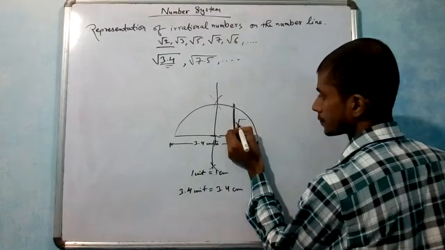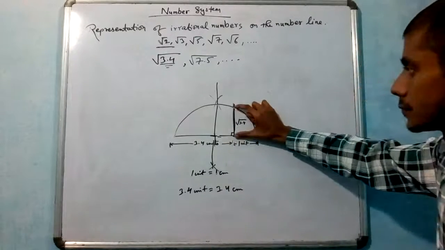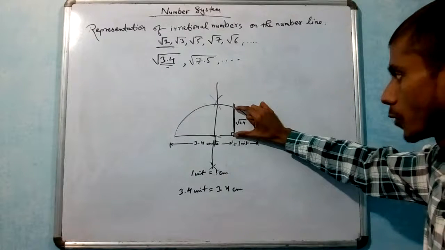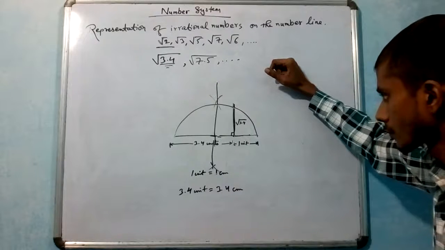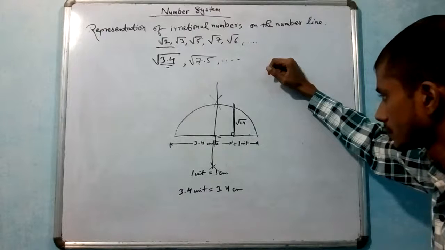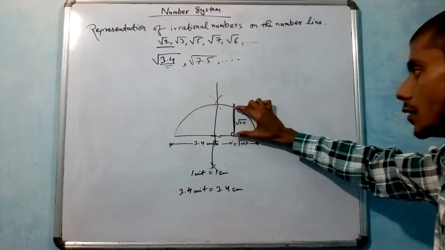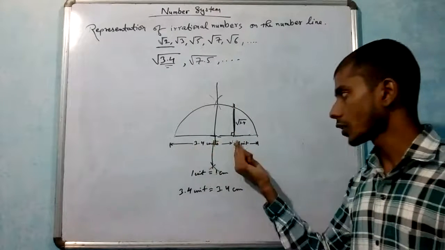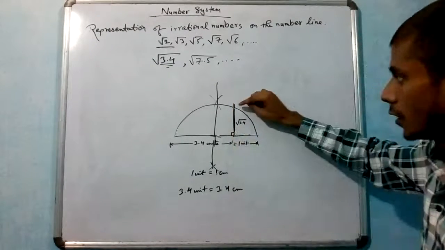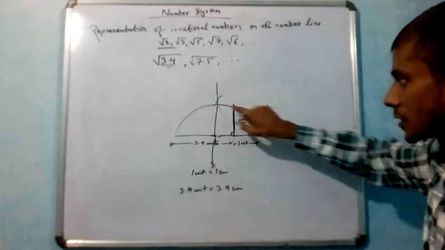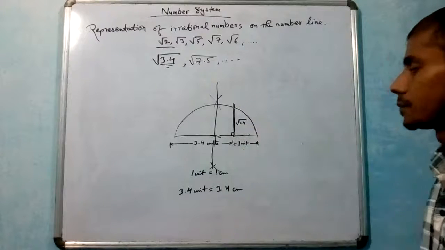This length is the square root of 3.4. So from the point where the 3.4 unit was ending, we drew one perpendicular line making 90 degrees. Wherever this intersects the semicircle, from that point to this point, we have the length of root 3.4.